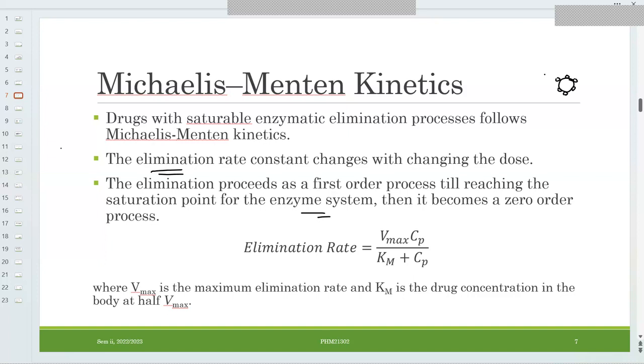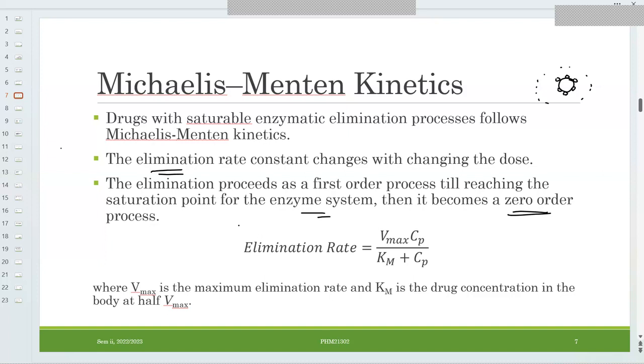So you increase the dose, you increase the concentration of the drug around, but you cannot increase the number of molecules that will be metabolized at one moment of time anymore. So it will become stable, fixed. Fixed means zero order. So after the saturation point of the enzyme, the elimination rate becomes zero order.